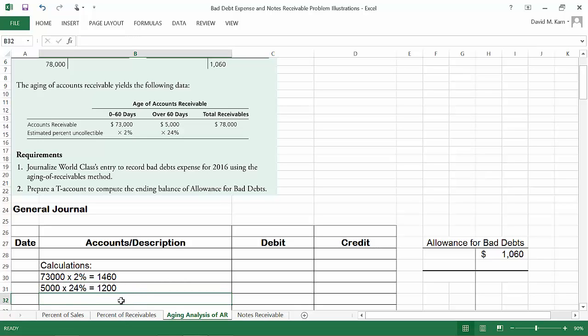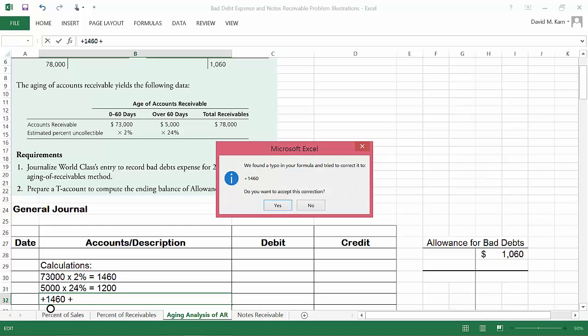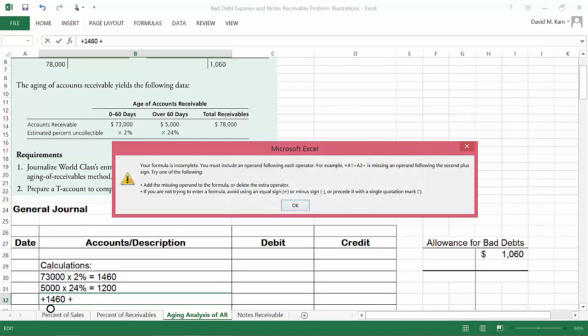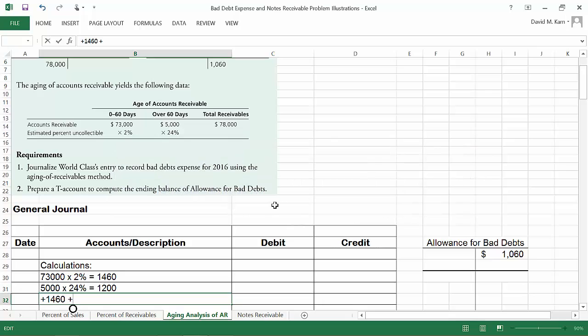Then we want to take the 1,460 plus the 1,200, and I accidentally hit my screen with my hand there, so I apologize for that. There we go, we fixed that now. Plus the 1,200, that equals 2,660.